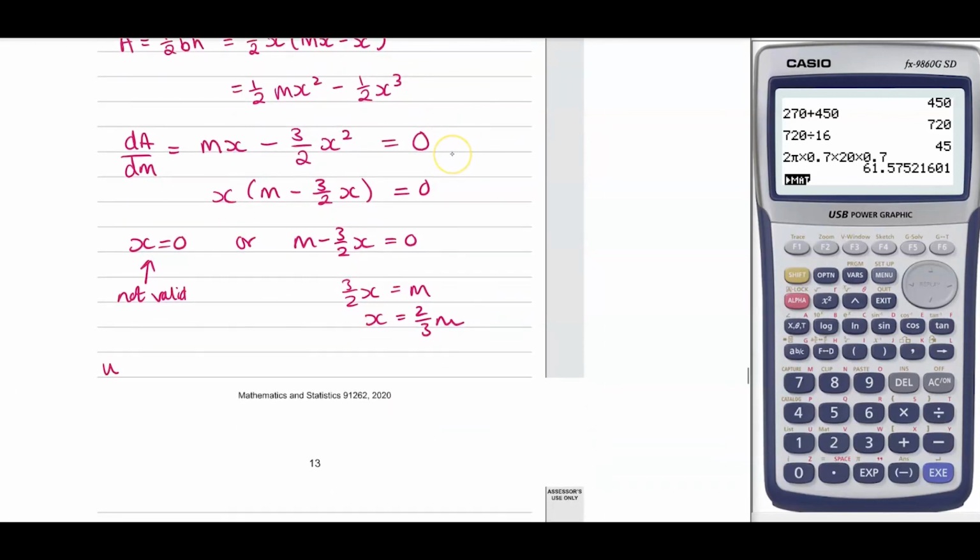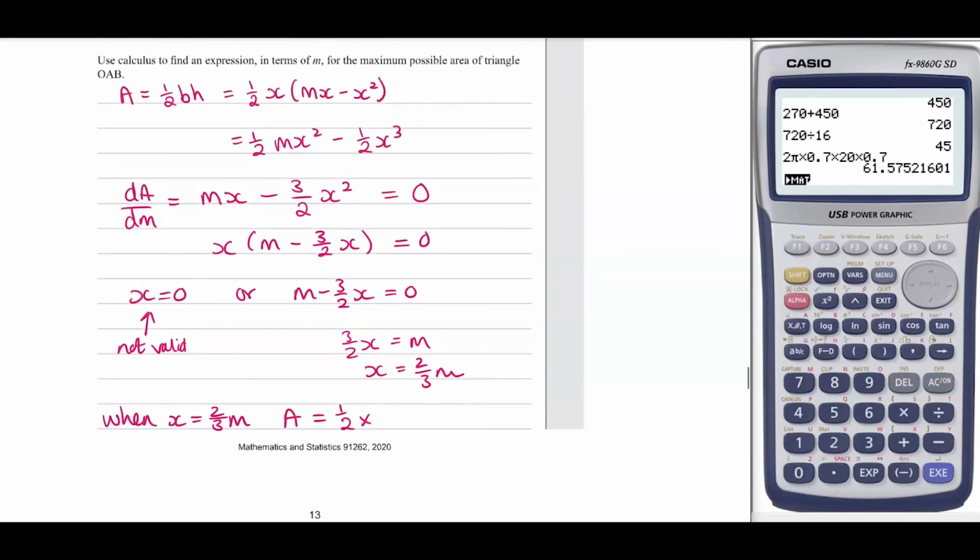So when x equals 2/3 m, the area will be equal to half times, now remember we've already got this up at the top here, so half times 2 over 3 m times m minus 2 over 3 m. So let me write that a bit better.